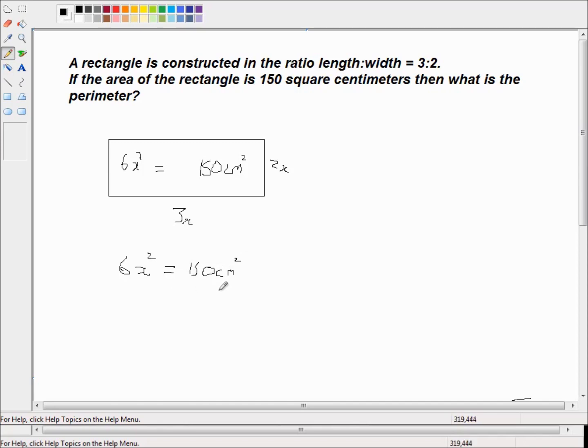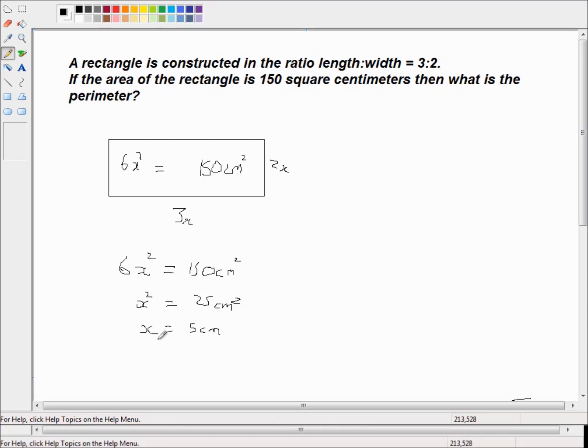Dividing both sides by 3, we get 2x squared is equal to 50 centimetres squared. And then dividing by 2, we get x squared is equal to 25 centimetres squared. So x is equal to 5 centimetres because we don't have negative lengths.